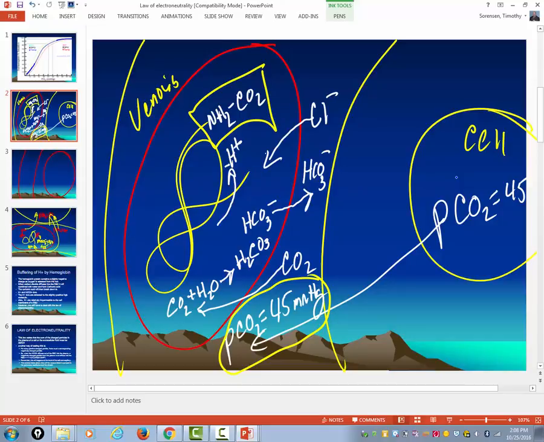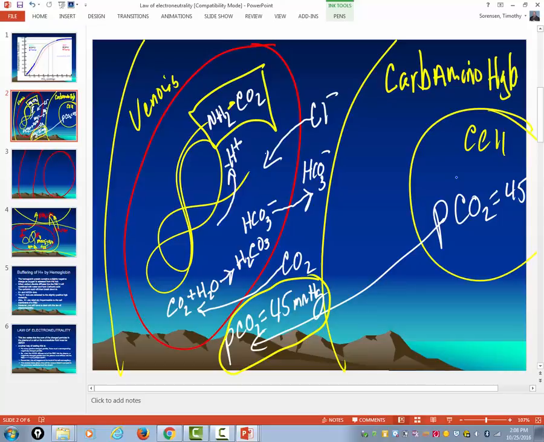The second way is bound to the amino group on hemoglobin. Many people believe, or used to believe, that oxygen and carbon dioxide competed for the iron on hemoglobin. They were incorrect. It is carbon dioxide binding to the amino group on hemoglobin, and it forms a compound called carbaminohemoglobin.